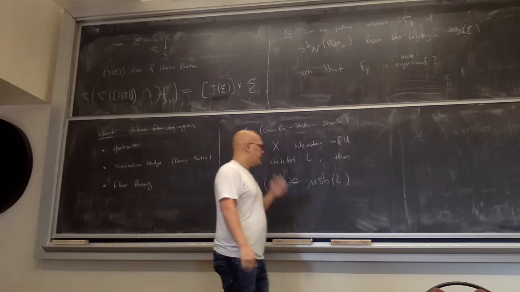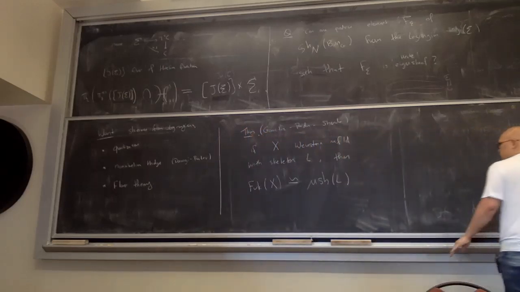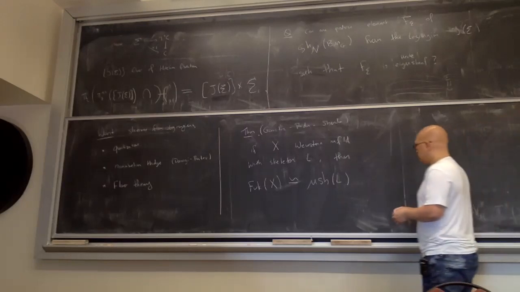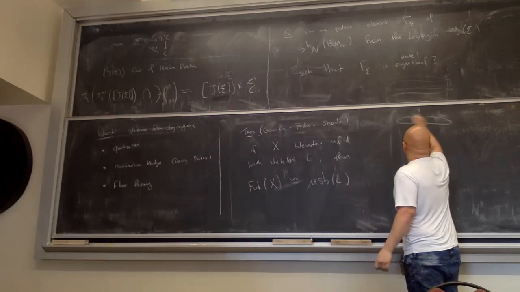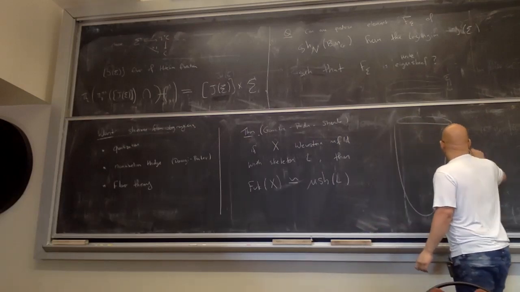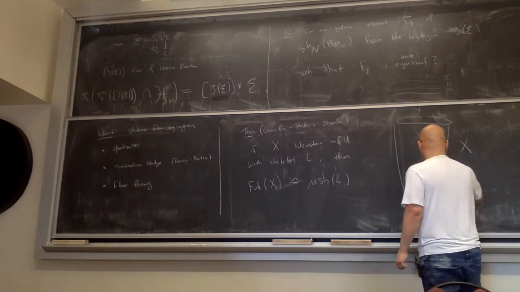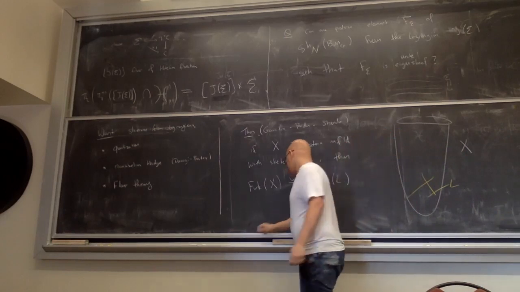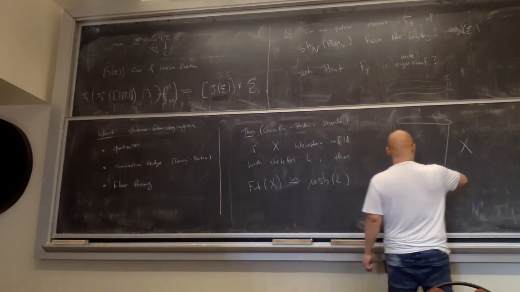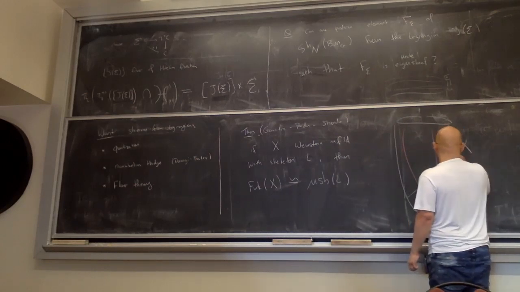And maybe a few words about how this works. It's just going to be a cartoon. Okay, so here's X, and then here's L, and L has what are called co-cores. They look like this. Co-cores.